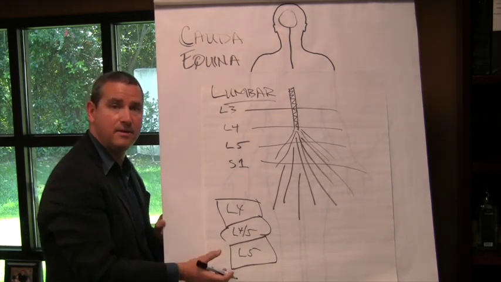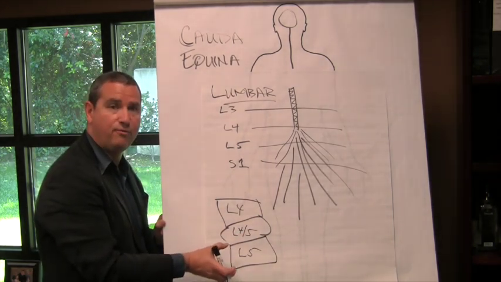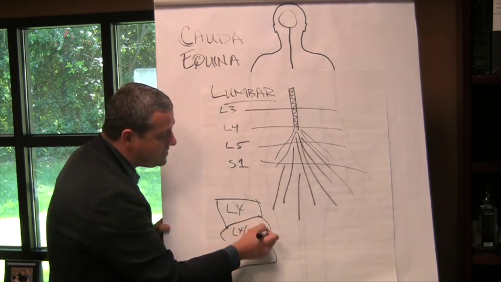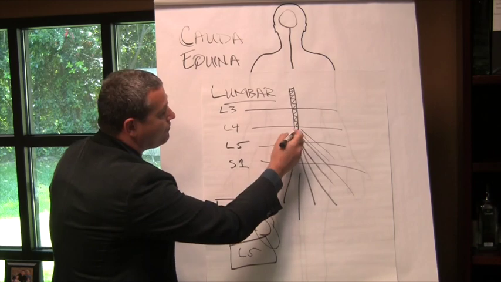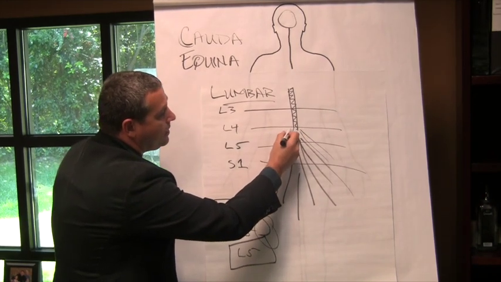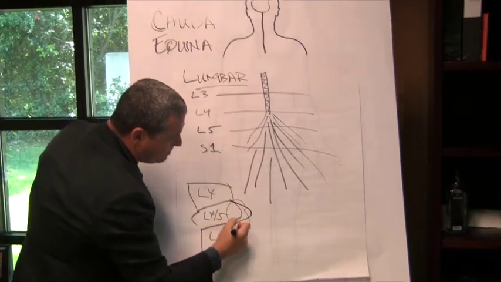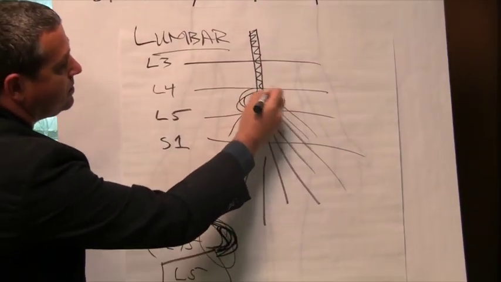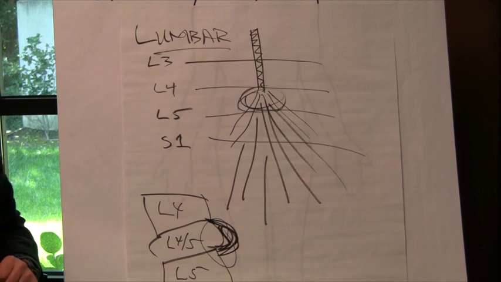It's the disc that is between the L4 and the L5 vertebrae. When this disc is injured at L4-5, it can put pressure on the nerve roots of the Cauda Equina.